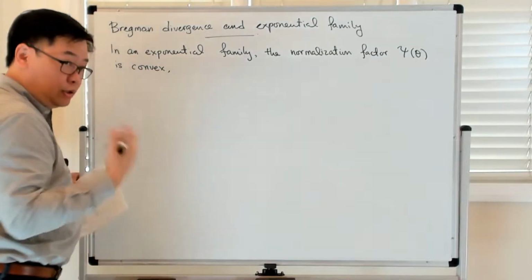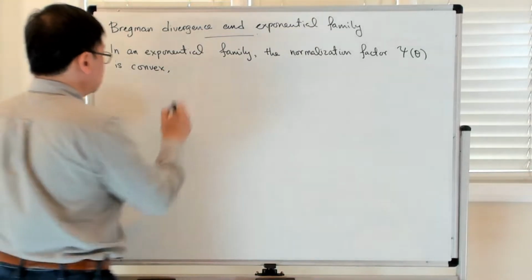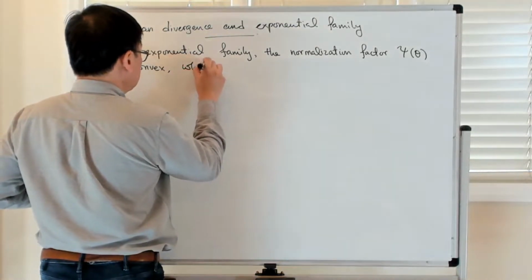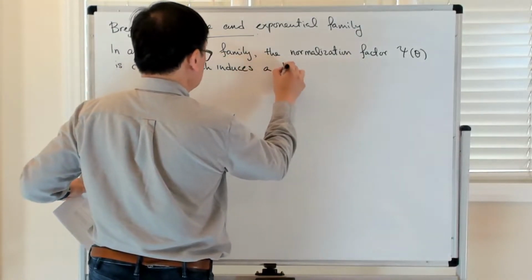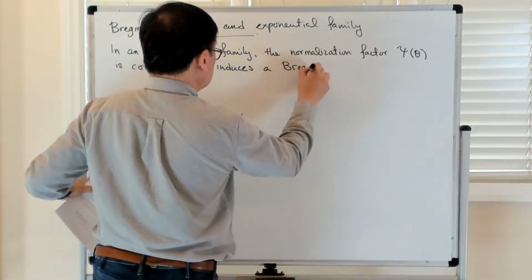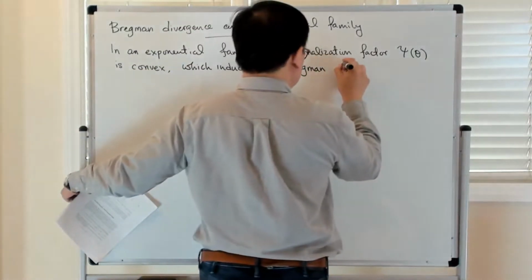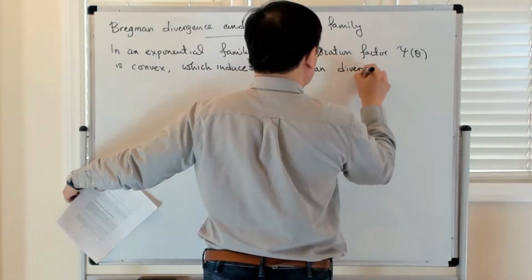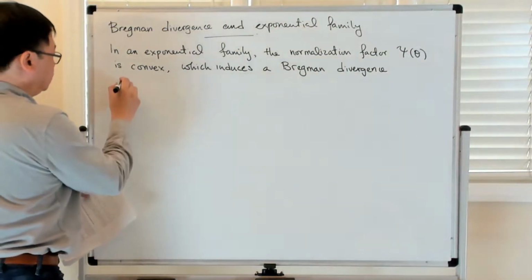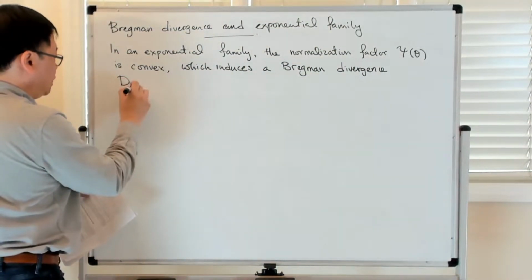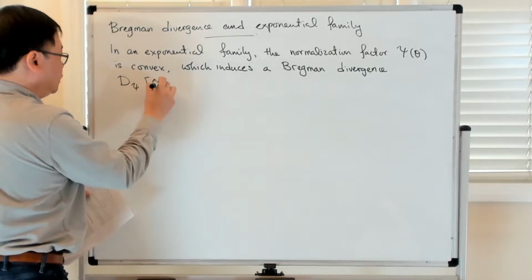So we know it induces a Bregman divergence, which I denote by d phi theta prime.